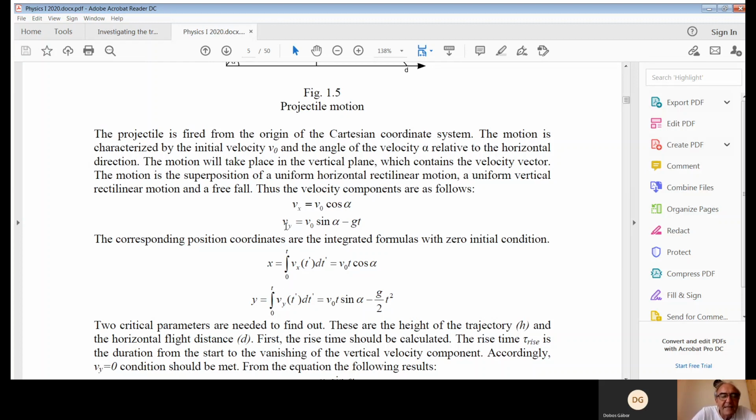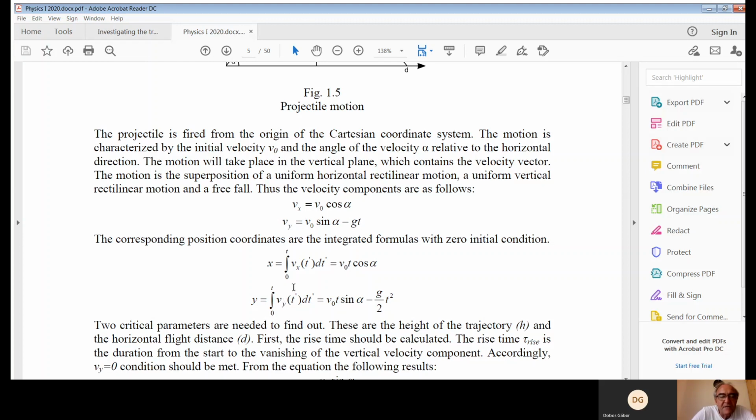So x(t) is the integral of Vx(t') dt', where the primed t means that they are just the integration variables. These are V null times cosine alpha. Cosine alpha is a constant, and V null is a constant. The integrated value is V null cosine alpha times t. The y is the integrated value of this one.